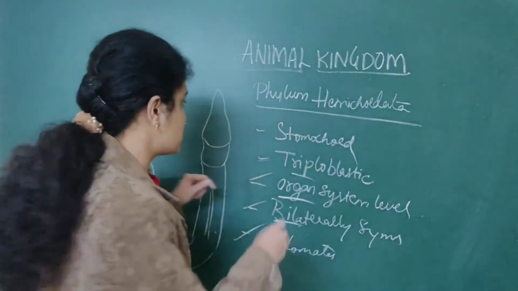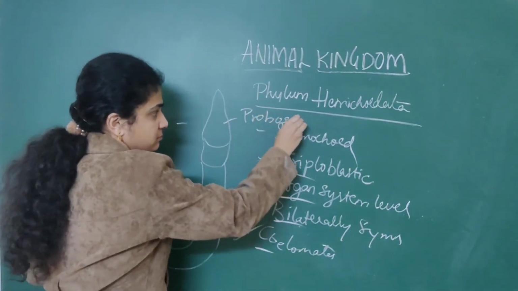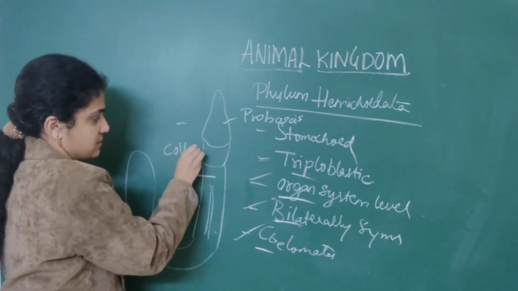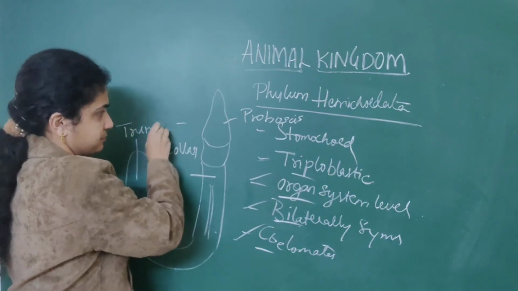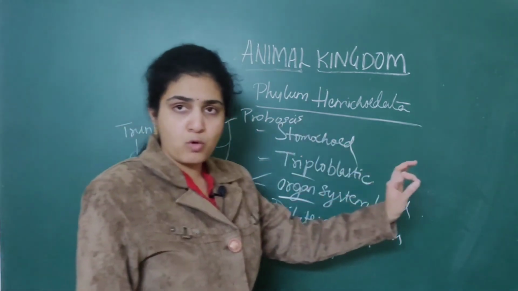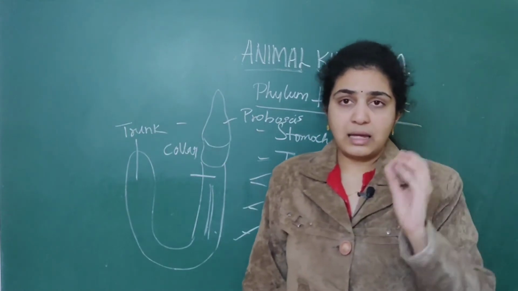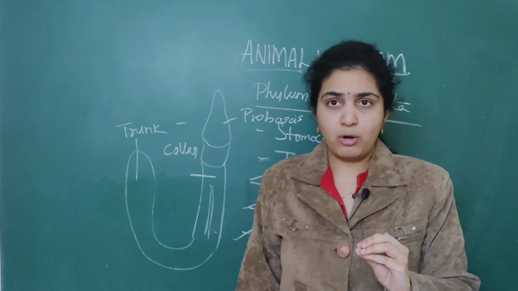Anteriorly, proboscis is present. Here, collar is present. And the last one, trunk. So proboscis, collar as well as trunk, like how in arthropoda it is head, thorax and abdomen.